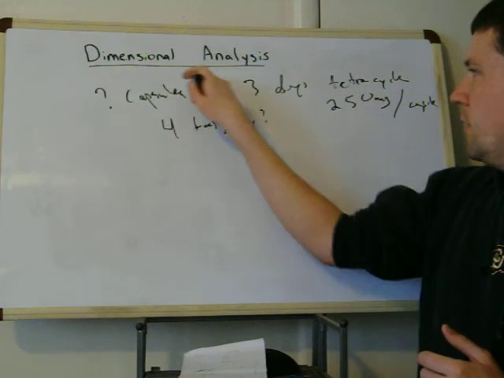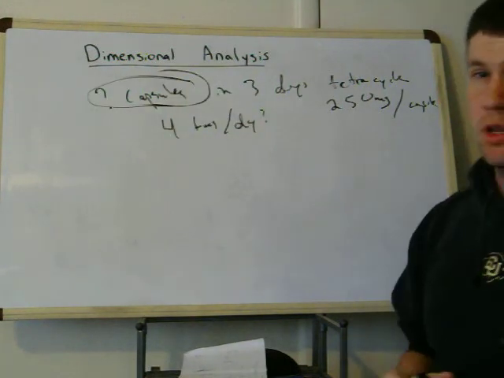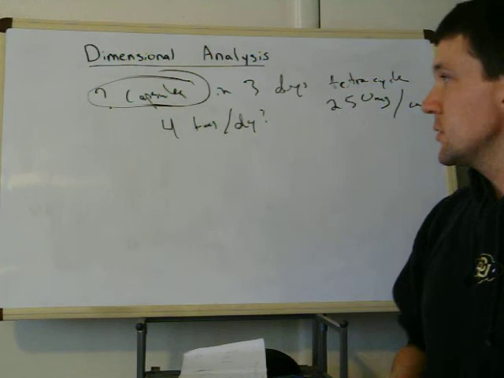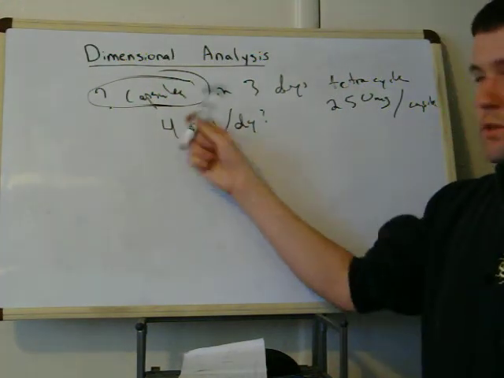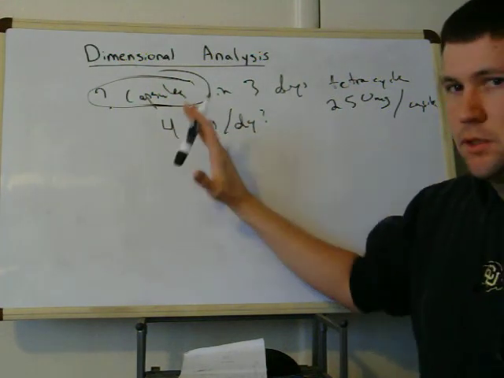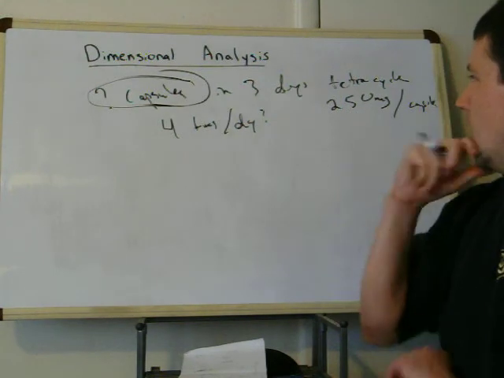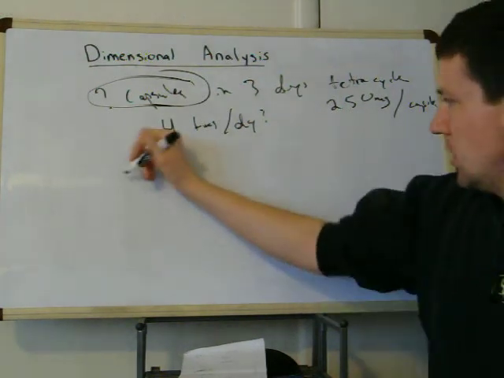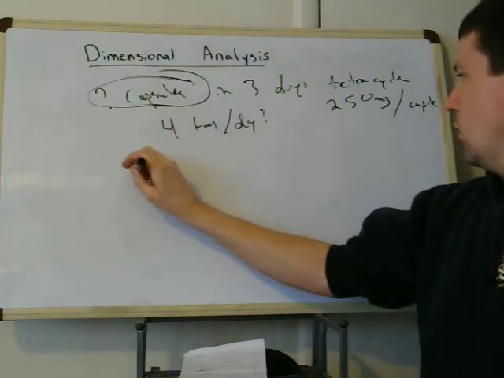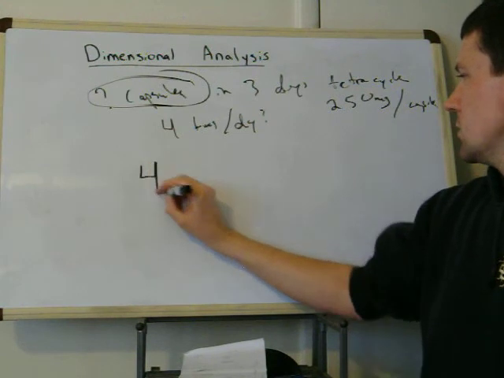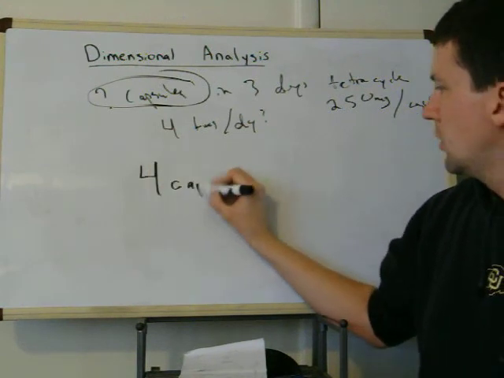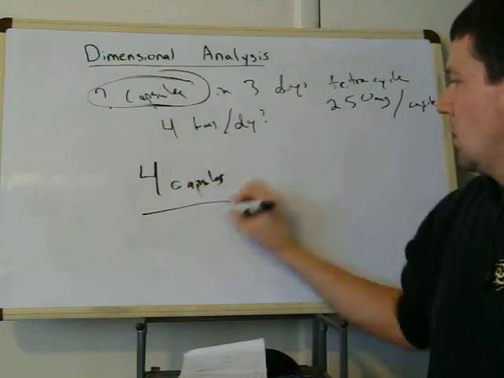Alright, so we know that our final answer is going to be in the units of capsules. So we want to make sure we have that on top. Alright, so we're taking 4 capsules in 1 day.